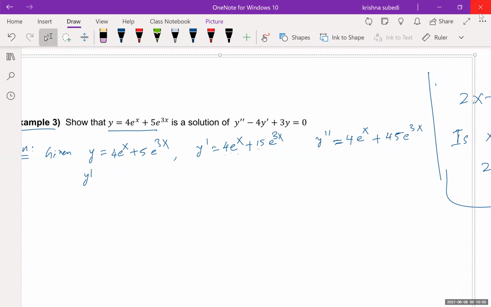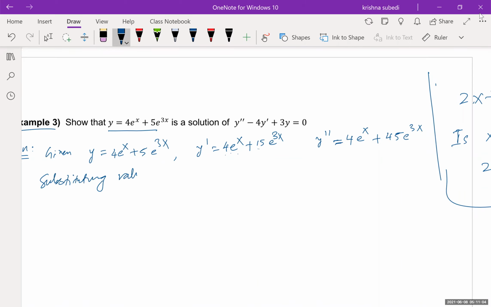Okay, now substituting values of y, y prime, and y double prime in the given equation, which is y double prime minus 4y prime plus 3y.